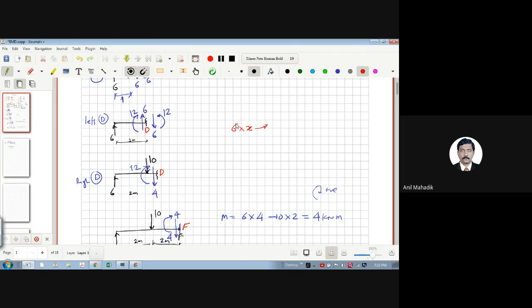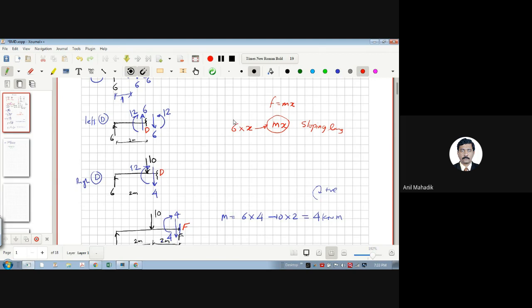There is some constant value, let's say m, and there is an x. What is this function? What do you understand by this function? F is equal to mx. You learned this in maths, right? mx is what? So this is nothing but a slope, a sloping line. Yes, sloping line.